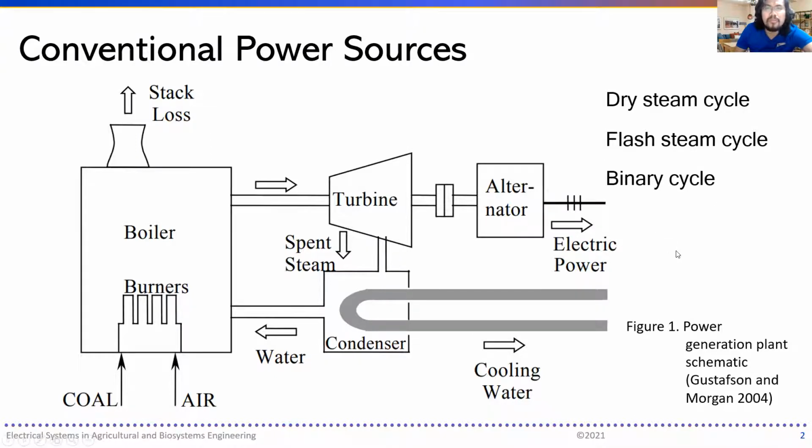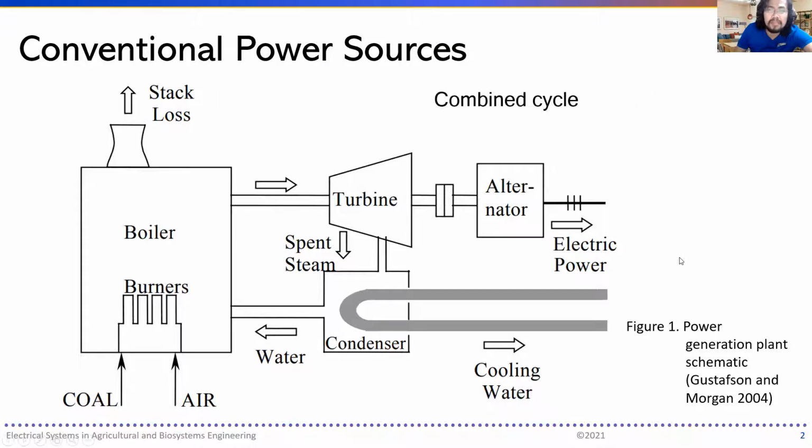There are also options nowadays to combine the power sources, so there are combined cycle power plants. We will not be going through all of this as technologies are varied and upgrading these days, and the developments in the field are very fast paced. Our focus is on the electricity generation.